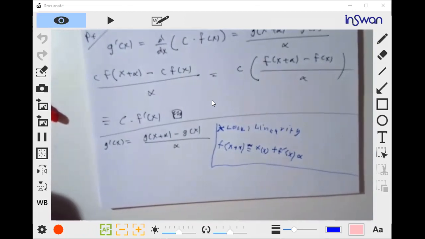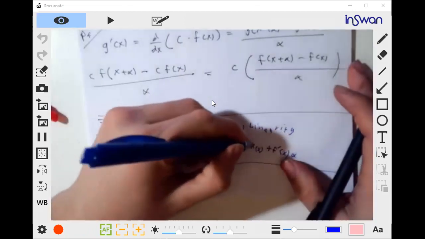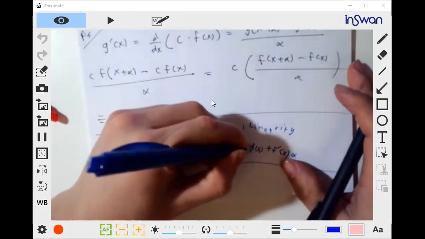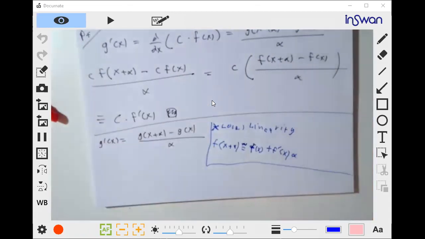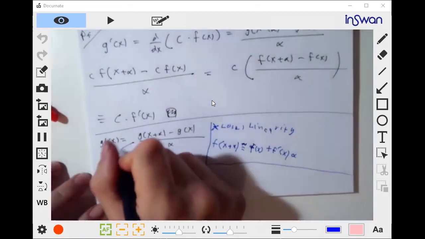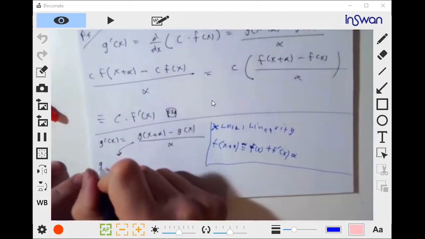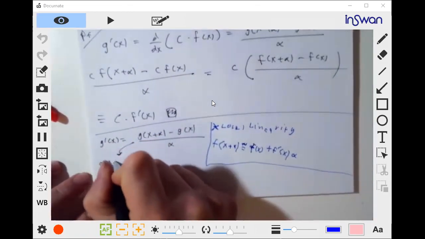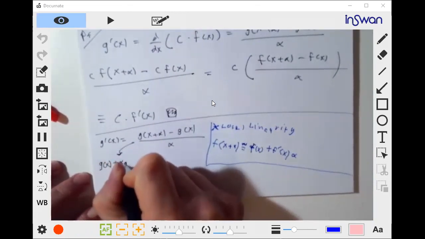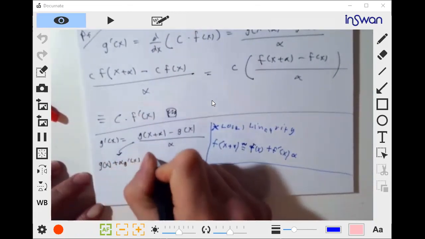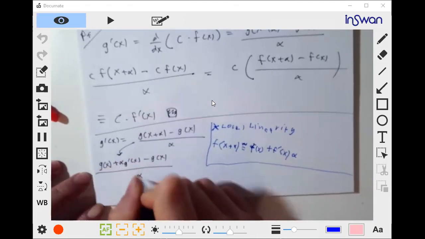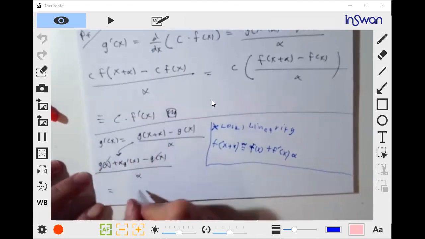All right? And this is a very bad f. So we could utilize local linearity here to say that this is g of x plus alpha g prime of x minus g of x all over alpha. Cancel, cancel. Then you get alpha g prime of x all over alpha.